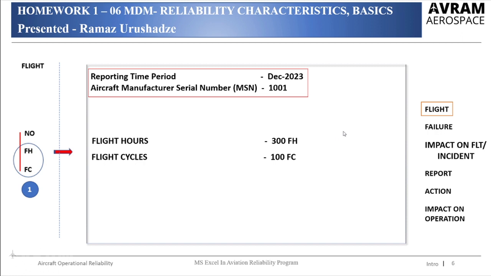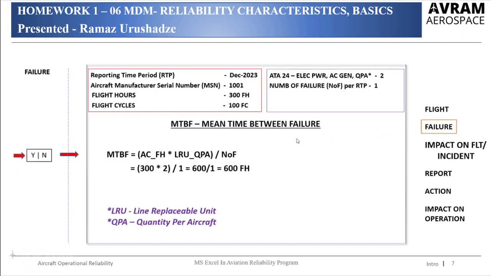Now let's move to the failure. In failure, we are going to calculate failure rate on LRU level, line replaceable unit level. And for this reason, I'm using 8824 electrical power AC generator.